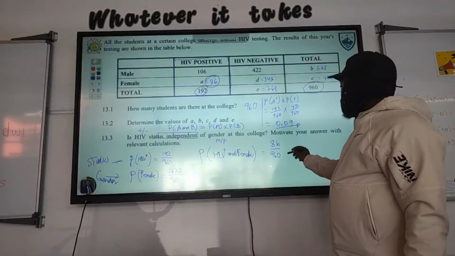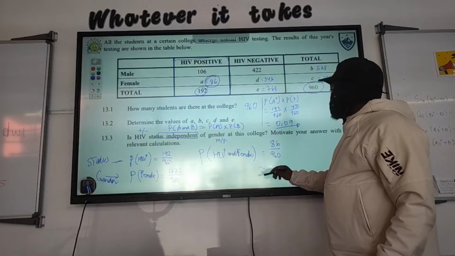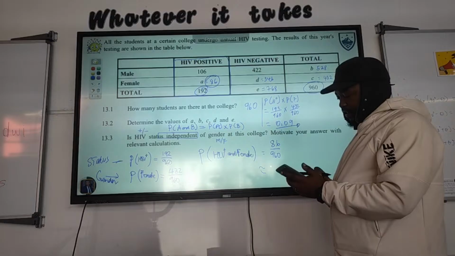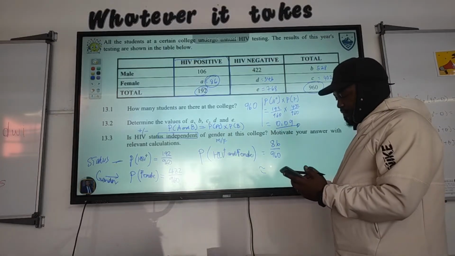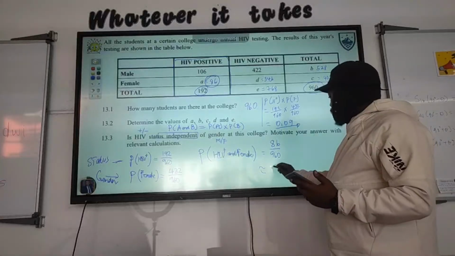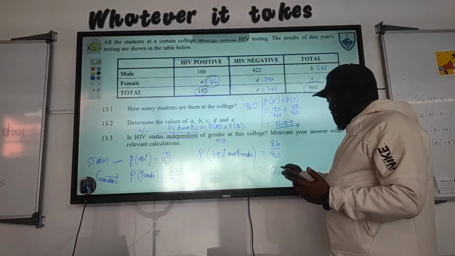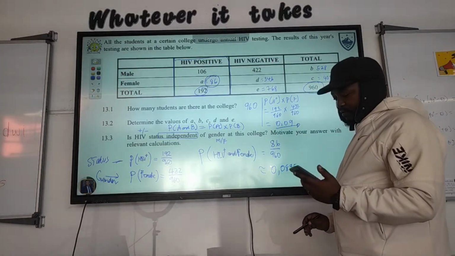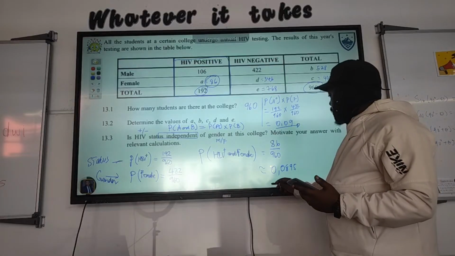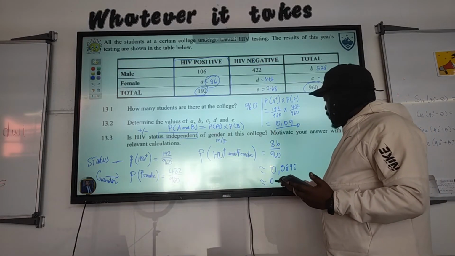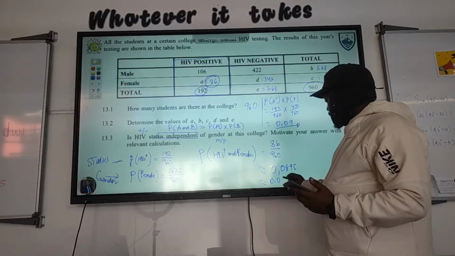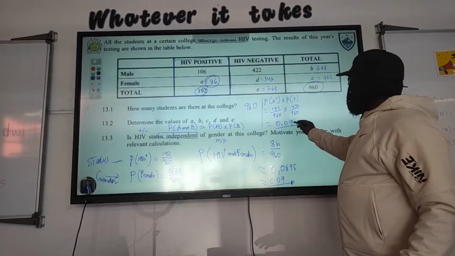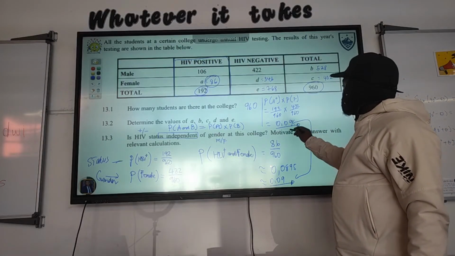And then let's look at this one, how much it gives us. 86 divided by 960 gives me 0.0895. So if we round it off, it will be 0.09. Do you see now these two values are equal to each other?